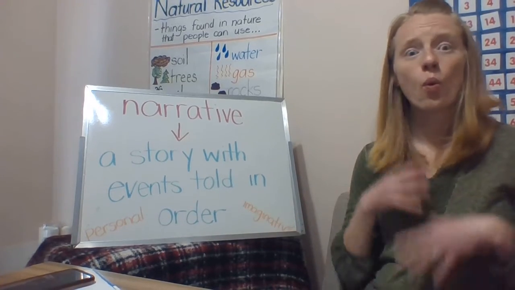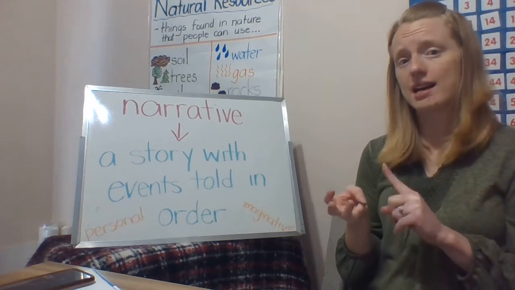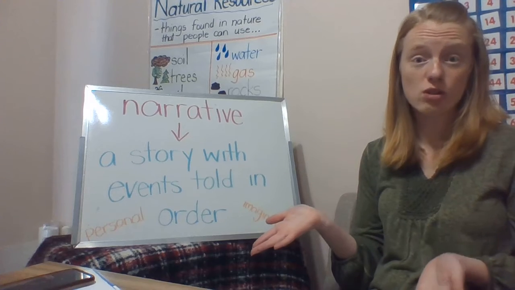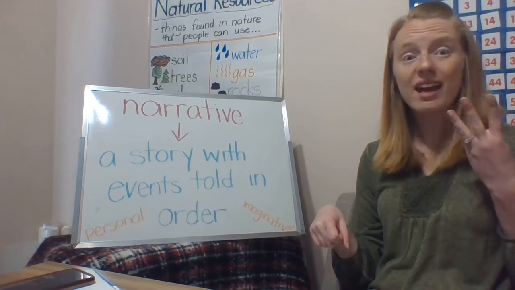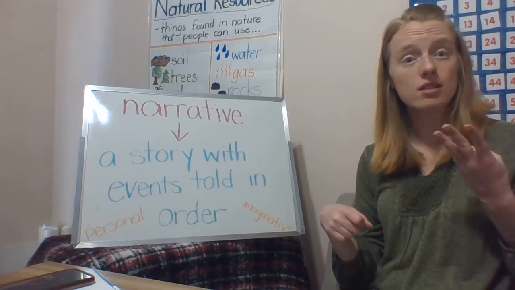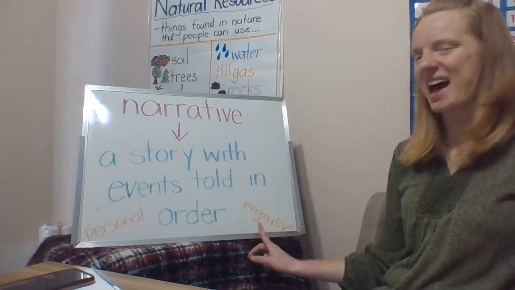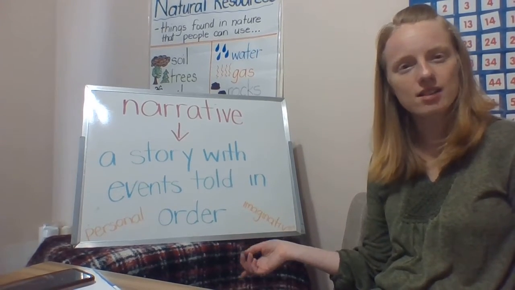And we've learned some order words that help us write about the order of things. We've learned about first, next, then, last. But narratives don't have to be told using those words as long as our narrative has a beginning part, a middle part, and an ending part, just like the books that we read. The other kind of narrative that we have is called an imaginative narrative. Why do you think it would be called imaginative?